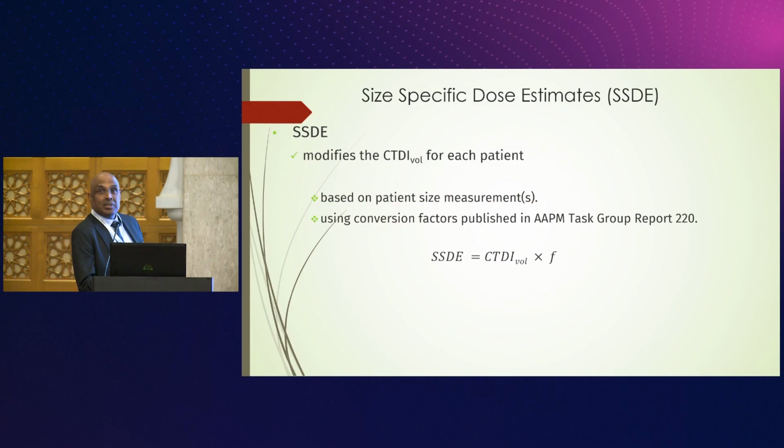Your CT scanner gives you a CTDI volume when you plan your scan, and you always do a Scout View before you plan your scan, so that's what we're trying to use in that aspect. The conversion factors are given in published tables, so they're fairly easy to find.